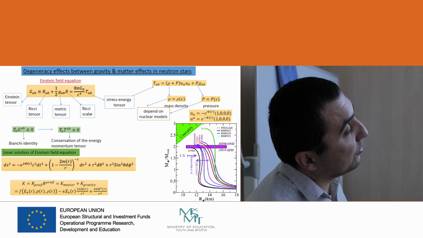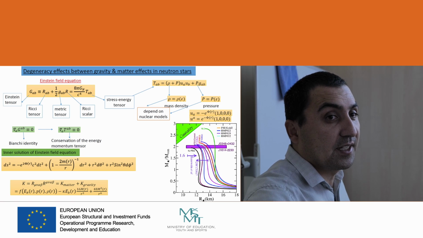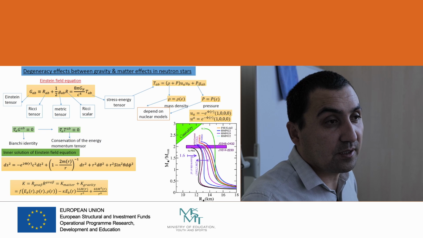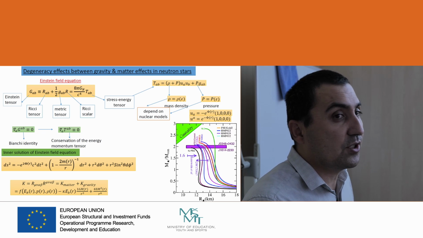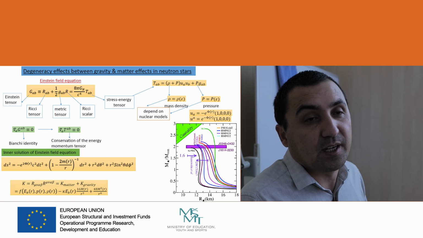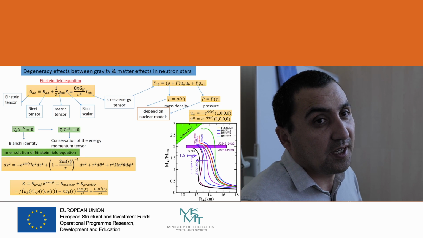From this point of view, in the neutron star interior we can test different gravity models and different nuclear models, which show the same effects on the space-time. So in this sense, matter and gravity mimic each other.